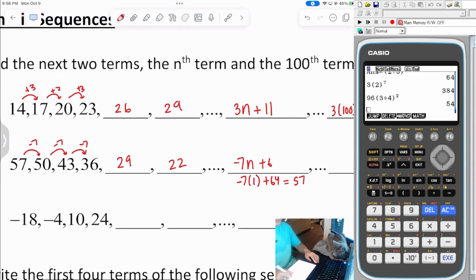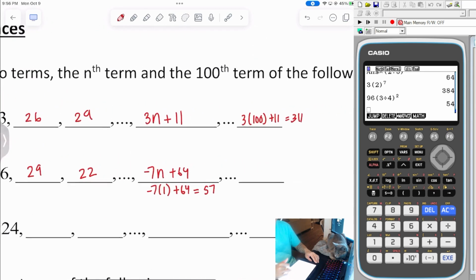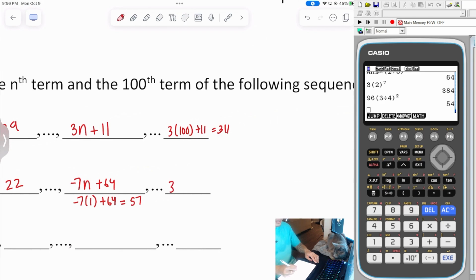Now that I've designed an equation that describes any nth term, I could plug in 100 to find the 100th term. So I'll say negative 7 times 100 plus 64. And this should be equal to negative 636.